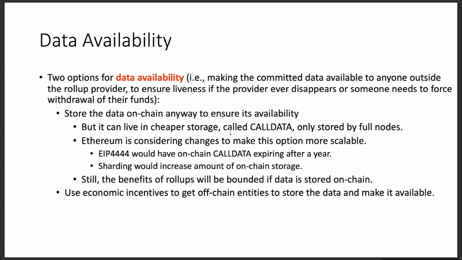In Ethereum, there's something called call data, and that's where data that used to be subject to the full consensus mechanism of Ethereum and stored by all the nodes can now live in this cheaper call data that's not stored by all of the nodes verifying the blockchain. And then there are approaches that keep the data off the L1 and use economic incentives to get other parties to make it available. So I wanted to have a slightly longer discussion about data availability.